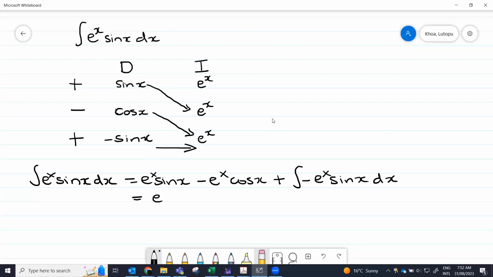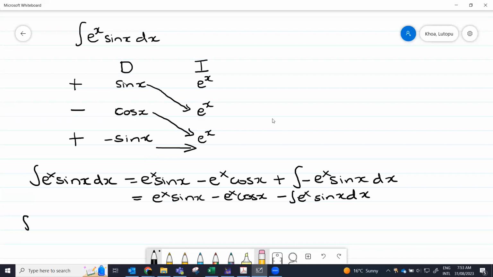Okay, so we work this out: e to the power of x sine x minus e to the power of x cos x minus the integral of e to the power of x sine x dx. Now, this is exactly the same as what we have on this side, so we can collect them together on the same side. So when it goes to this side, it'll become positive.